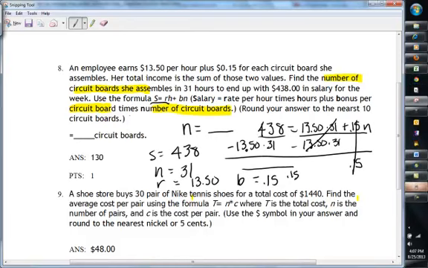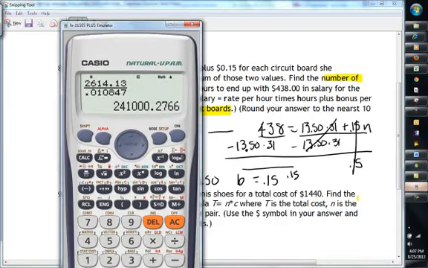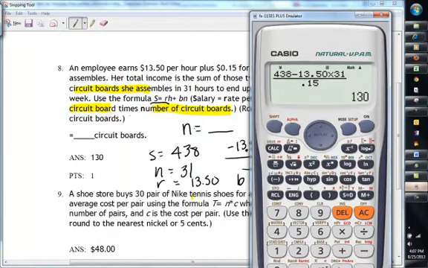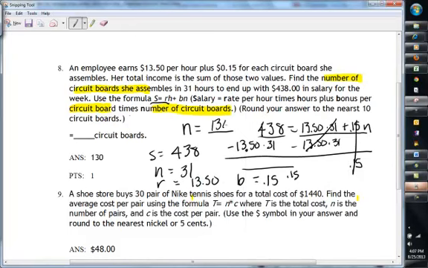Okay, so let's get out our calculator. 438 minus 13.50 times 31, and then it's over 0.15, and we get 130. So the number of circuit boards is 130.